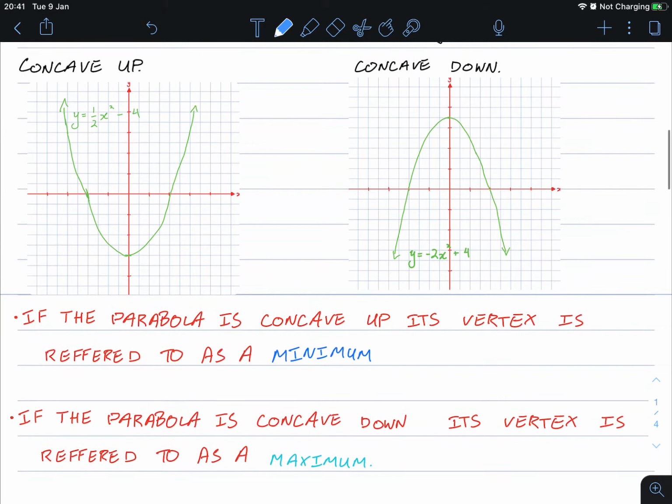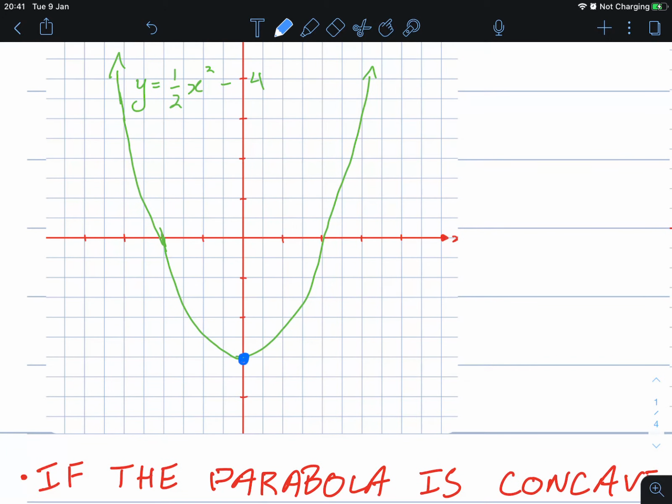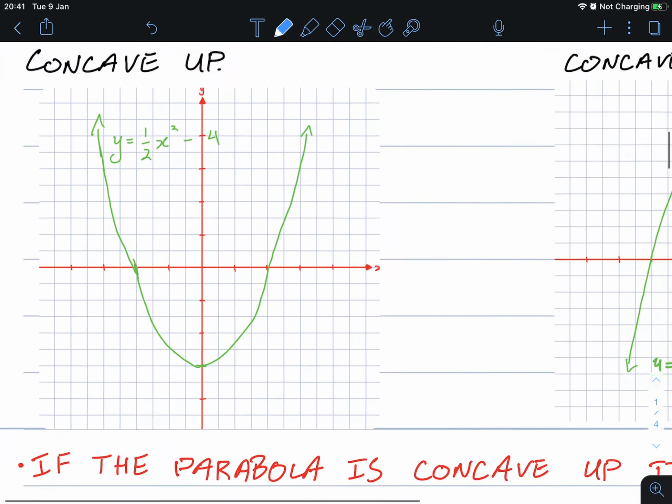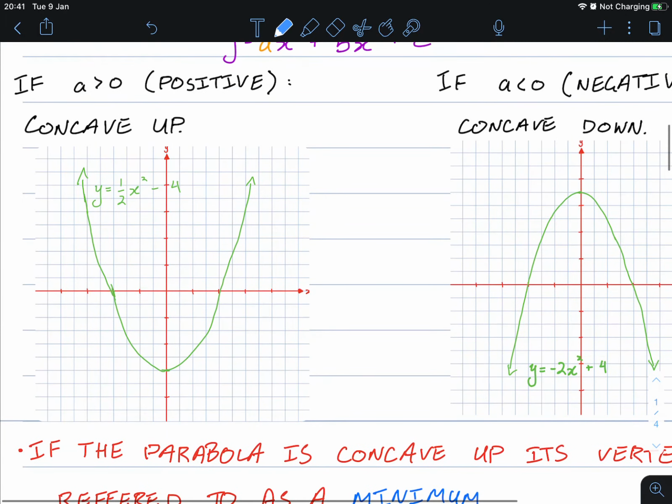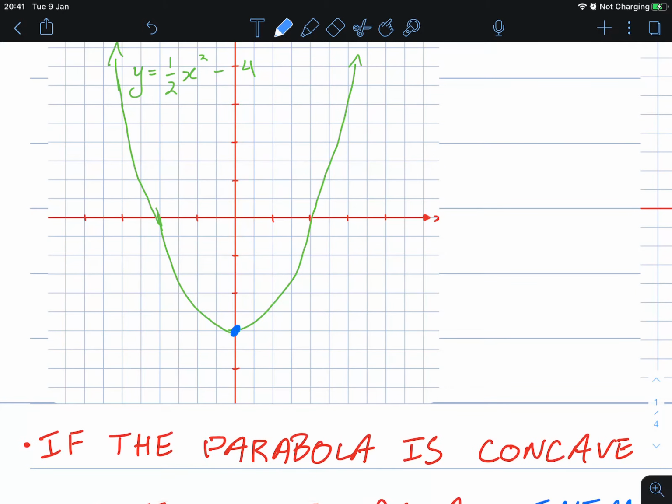If the parabola is concave up, its vertex is referred to as a minimum. So this is the vertex of this parabola. However, because it is concave up, its vertex is referred to more specifically as its minimum.